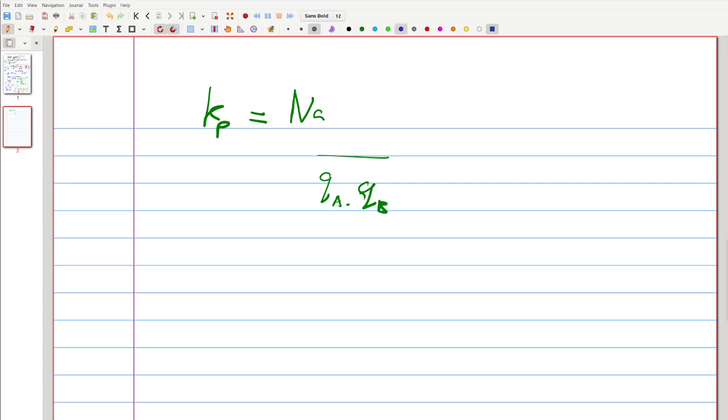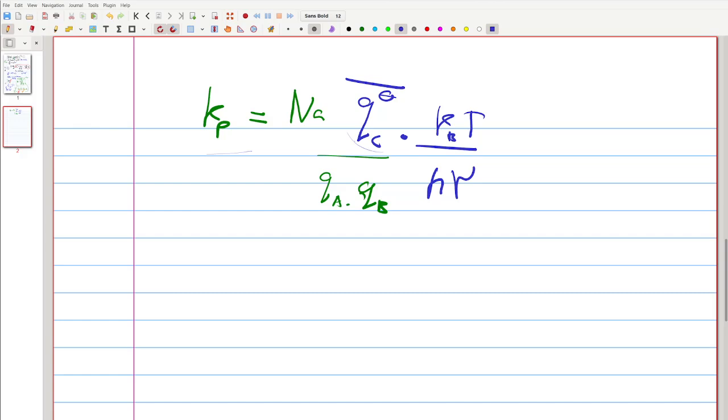The substituted part includes everything except vibration, which is translational, rotational, and electronic, included in this Q bar. The vibration term we have written outside like this, k_B T over h nu. So what is this nu? Nu is the vibration of that bond, the bond that changes. So this is the expression for Kp based on statistical thermodynamics.